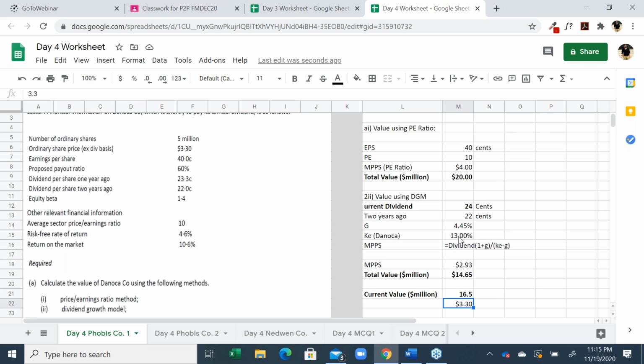They may be expecting a lower cost of equity, return on equity. That's why they are ready to pay a higher price.